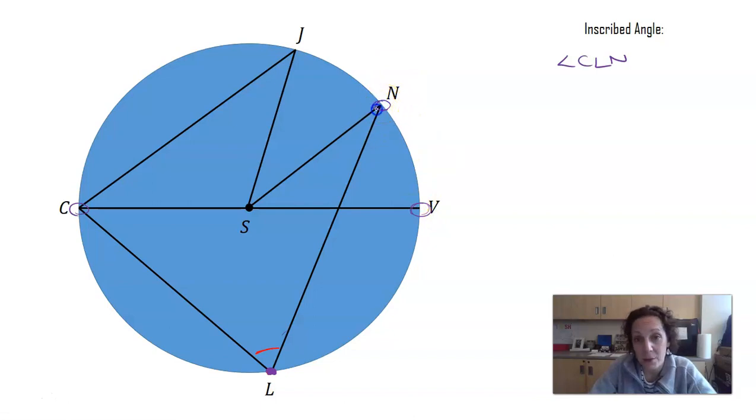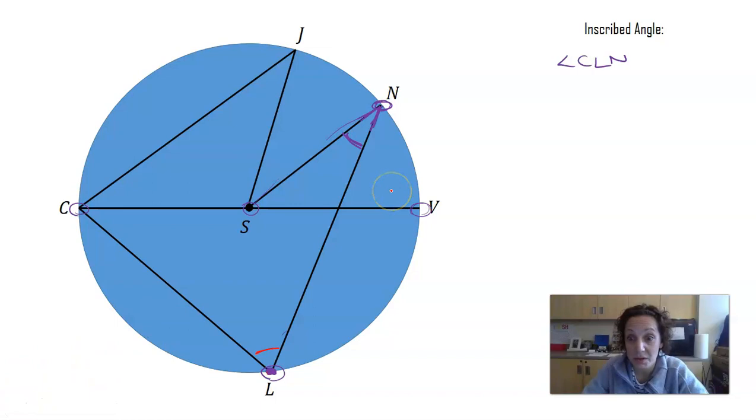Up here at N, though, yeah, there's an angle right there. So let's follow it. S and L. So, listen. Is this technically an inscribed angle? Sure it is, because its vertex is on the circumference of the circle.